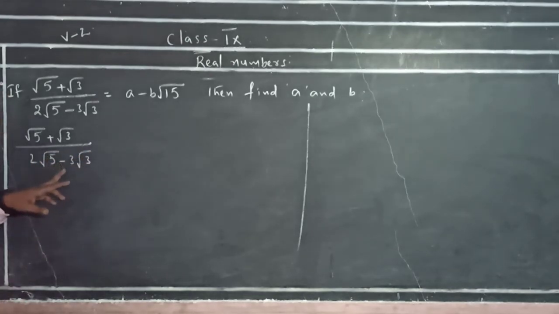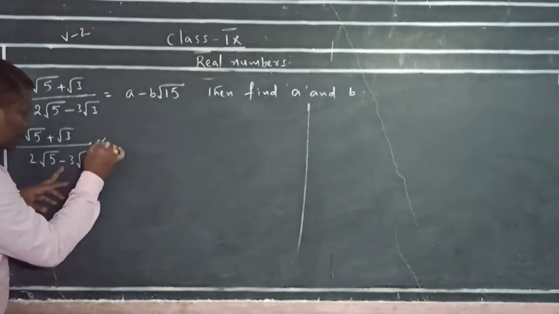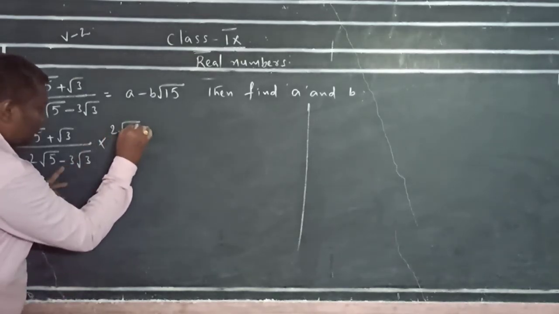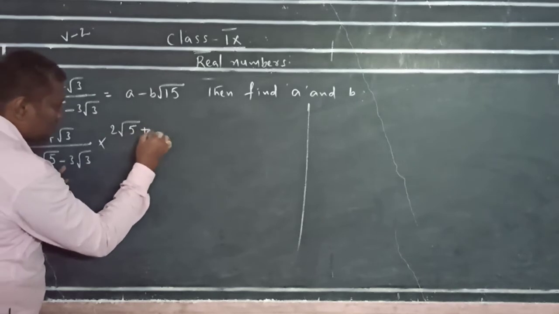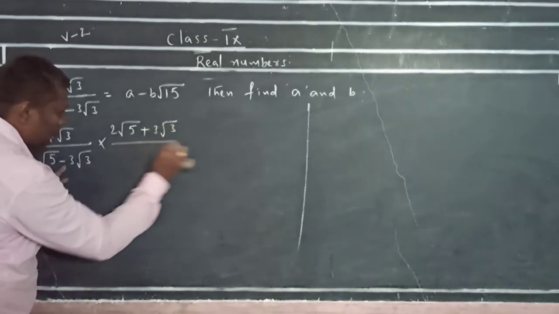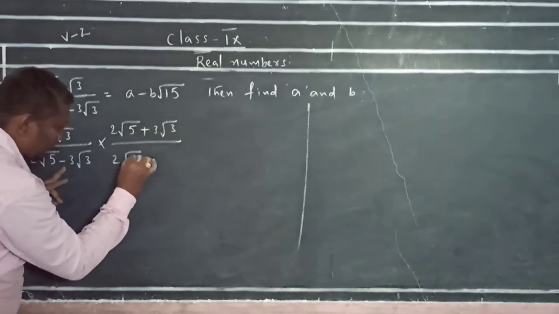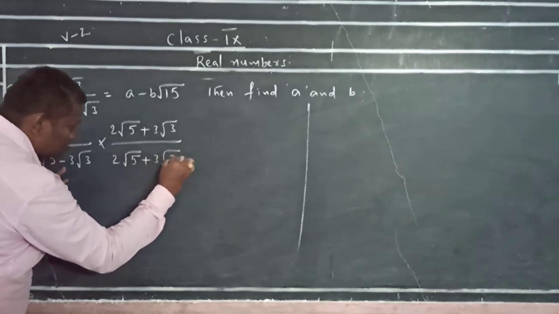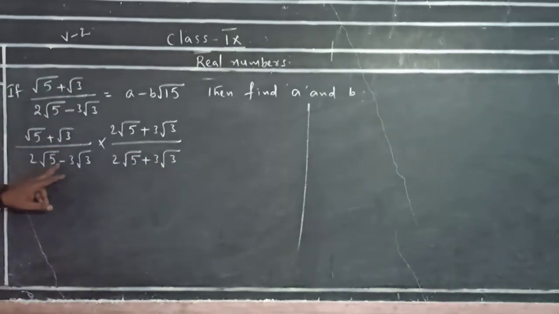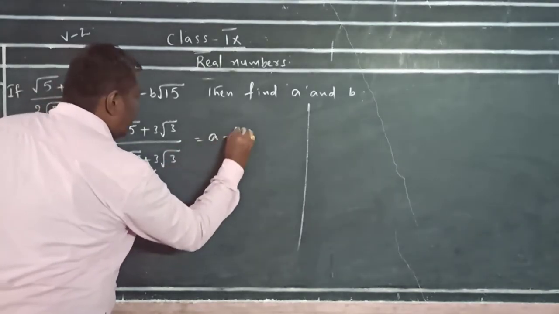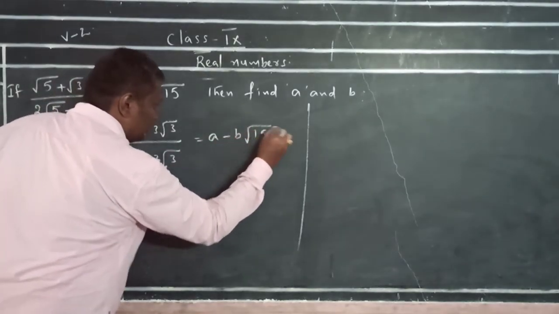What sign is there? Here the minus sign is there. You take the opposite sign: (2 root 5 plus 3 root 3) by (2 root 5 plus 3 root 3). You understand? You take the opposite sign, equal to a minus b root 15.